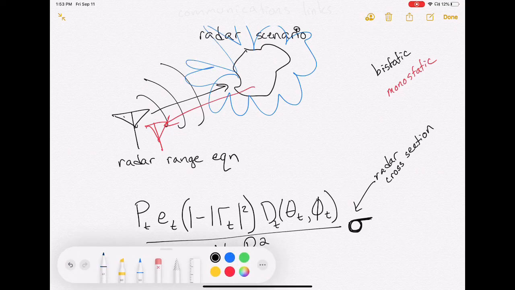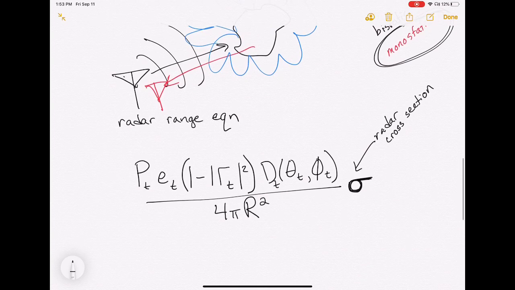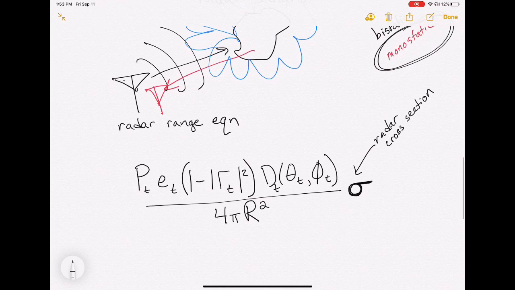But since we're doing a monostatic radar range equation, we're not going to worry about that right now, and we're going to just say that the radar cross section is a number. Now this whole thing tells you the amount of power that is coming back towards the receive antenna.